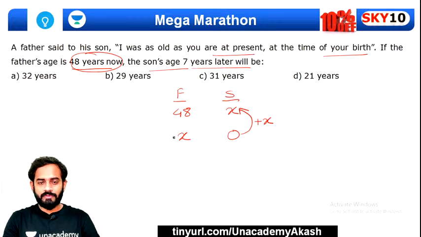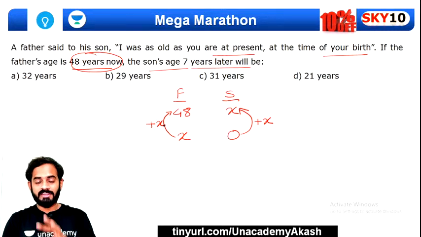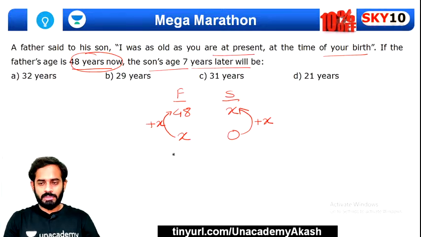In the same number of years, obviously there is an increase of plus x over here, because the number of years are same. So if there is an increase of plus x in son, then plus x is increase in father also. So the value 2x comes out to be 48.